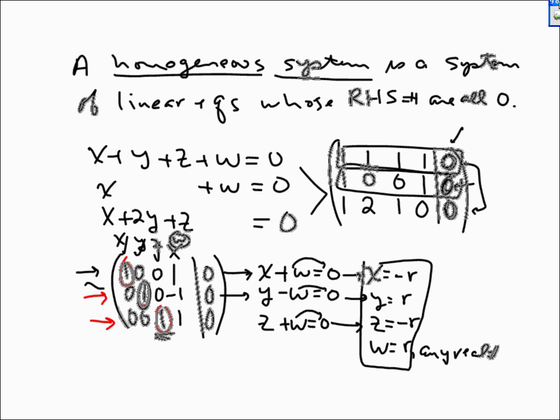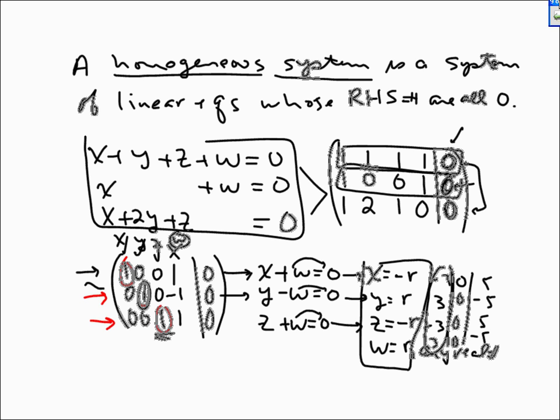You know, if r is 3, you get negative 3, 3, negative 3, and w is 3. If r is 0, then all 4 entries 0 work. If r is negative 5, you'll get 5, negative 5, 5, and negative 5. This solution will satisfy all 3 equations. So will that solution.